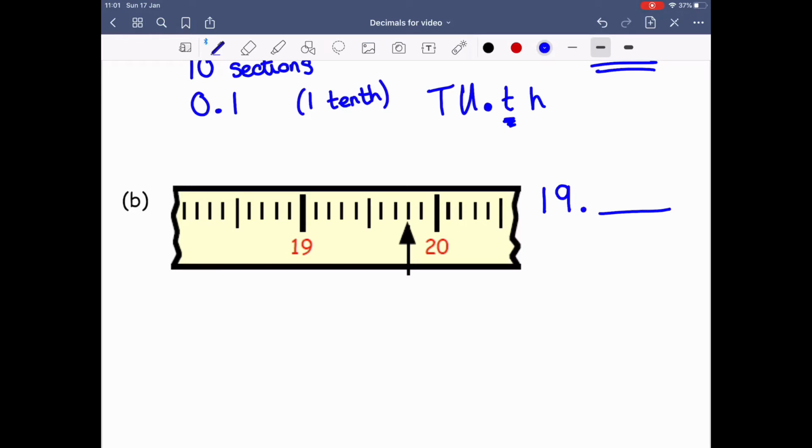If we count along, this would be 19.1, 19.2, 19.3, 19.4, 19.5, 19.6, 19.7, and this arrow is pointing at 19.8. So 19.8 is our answer here. It has to be less than 20, so it can't be 20 point something. One of the ones over here, for example, that arrow, because it's larger than 20, would be 20 point something, and that one would be 20.4.